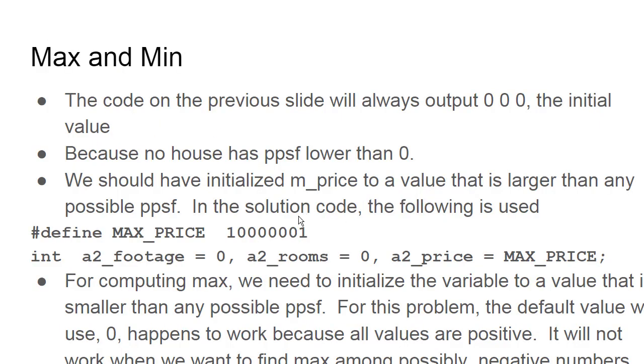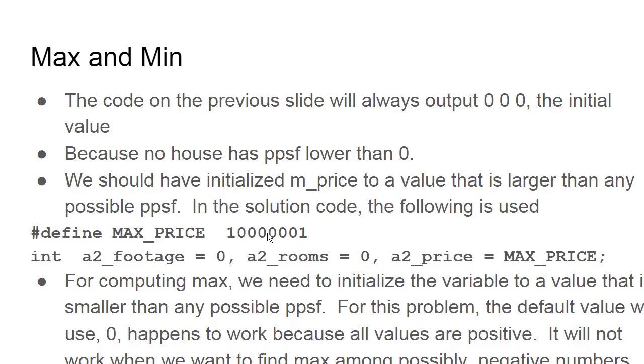Here, in the code that is provided, I use a macro. So define max price to be this number. This number is guaranteed to be bigger than any price in the house. This is specified in the constraints. So using this number should be big enough.